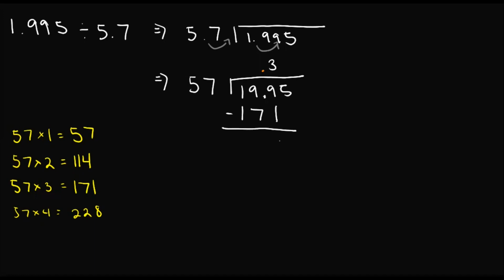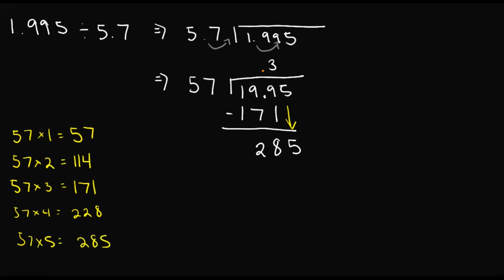Subtracting it would give us 28. Bringing down the 5, so we have 285. Now for this one, we actually have 57 times 5 as 285.